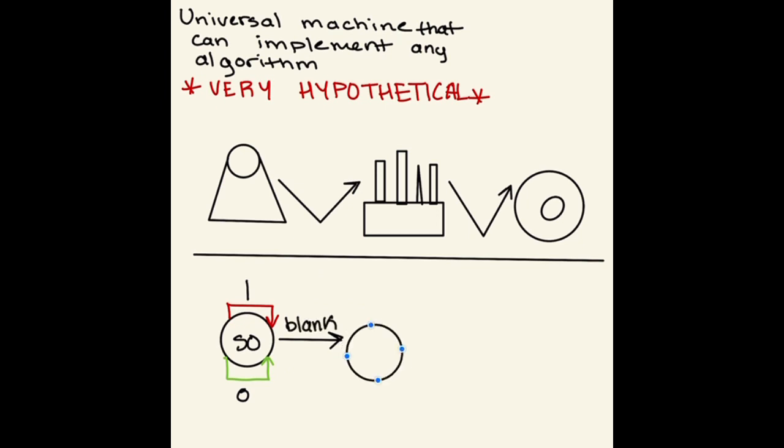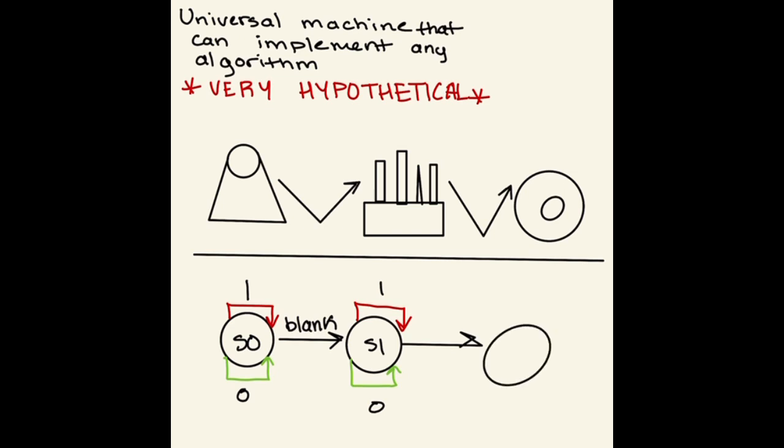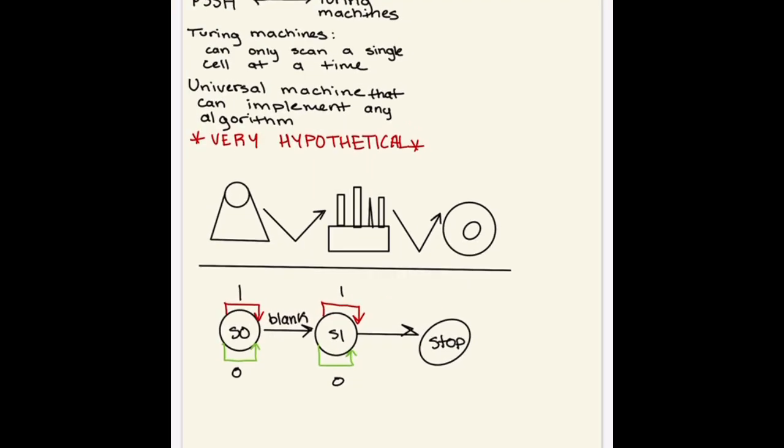At S0, it's looking at the ones, it's looking at the zeros, then it's moving to S1, again looking at ones and zeros. Think of it as looking at these individual cells, and then eventually it's going to get to a cell that's going to say stop, which is the one right here. So this is how you can really think of a Turing machine. It's very hypothetical, and it's very conceptual.